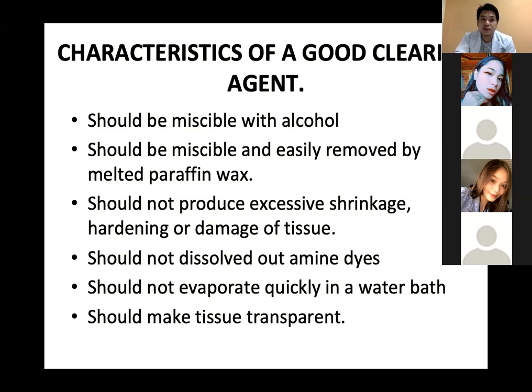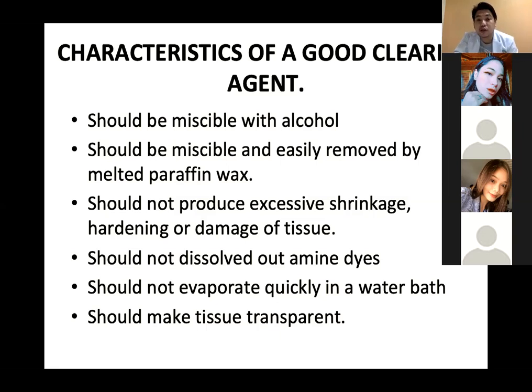Okay. So what are the characteristics of a good clearing agent? So first, miscible with alcohol, since alcohol is our dehydrating fluid. Next, miscible with melted paraffin wax. Why? Melted paraffin wax is our most common impregnating and embedding medium. So that's the first two characteristics of a good clearing agent.